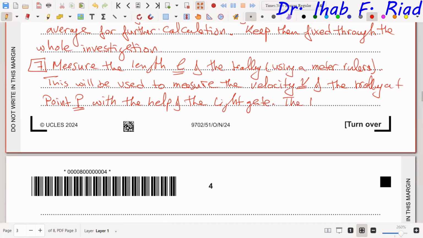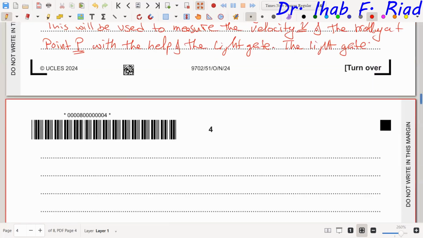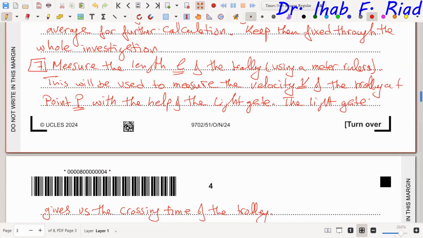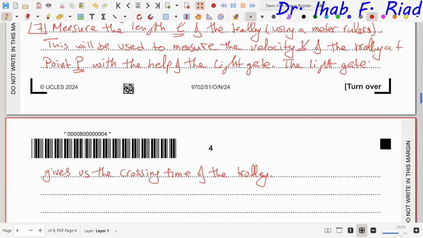The light gate gives us the crossing time of the trolley. Okay? Okay. We can say that V is equal to L divided by crossing time.